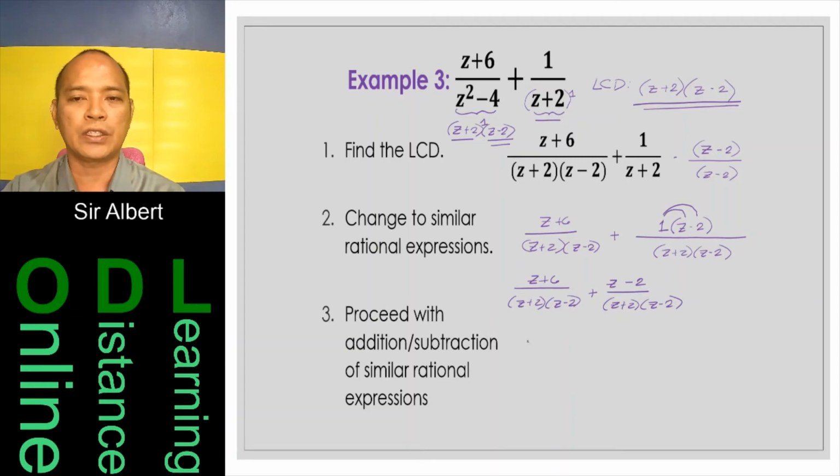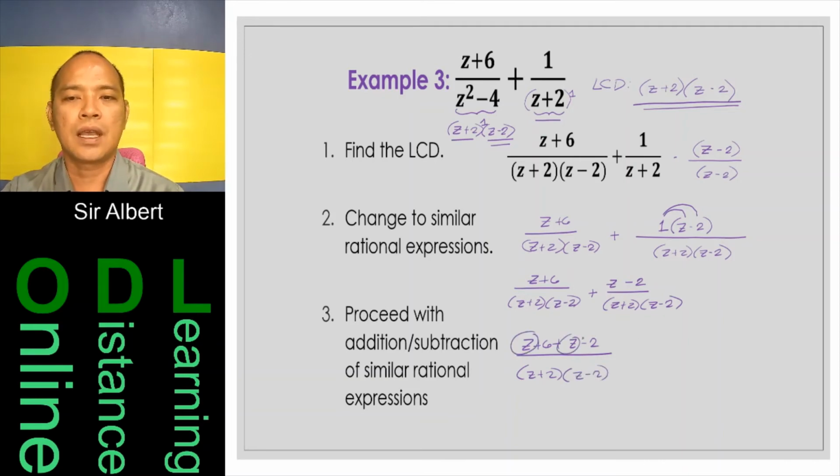Working on the numerators, we would have z plus 6 plus z minus 2 all over z plus 2 times z minus 2. Combining the z's, this would give us 2z. Combining positive 6 and negative 2, this would give us plus 4 all over z plus 2 times z minus 2.